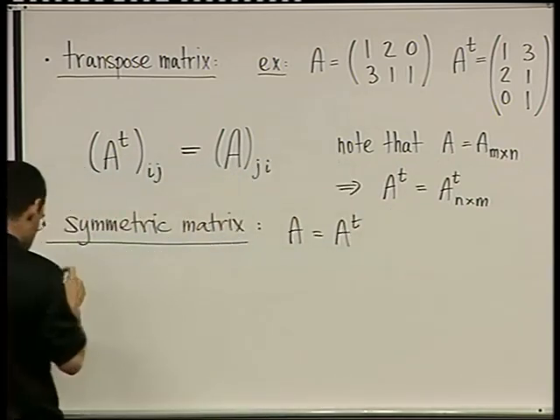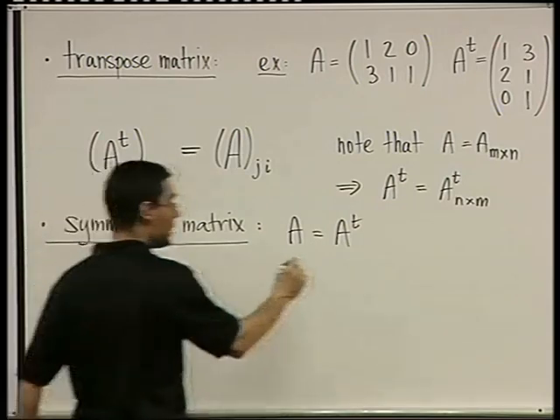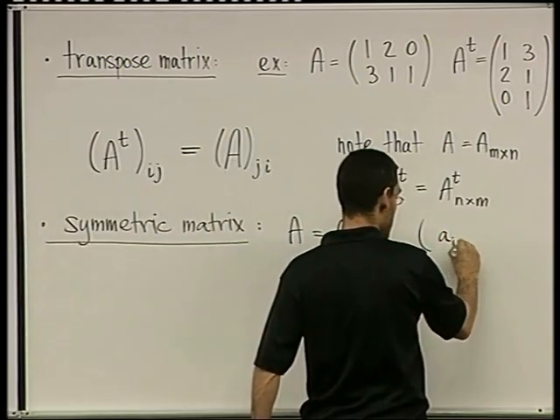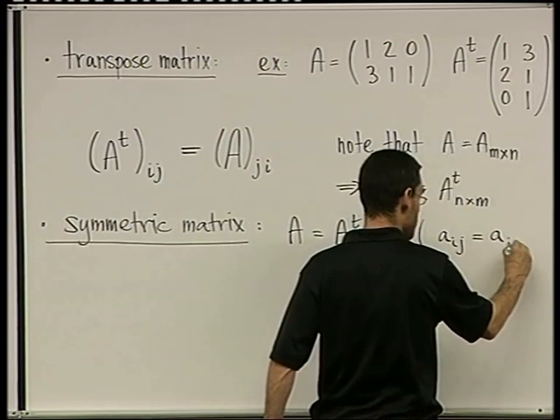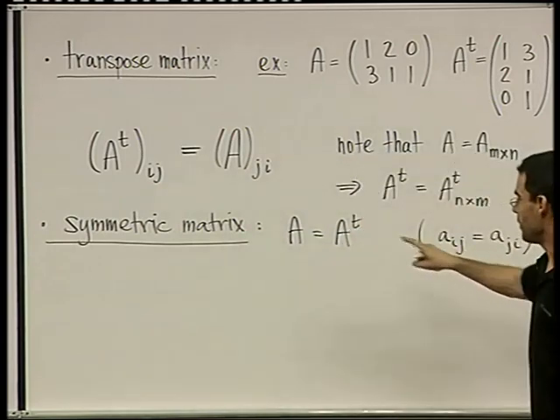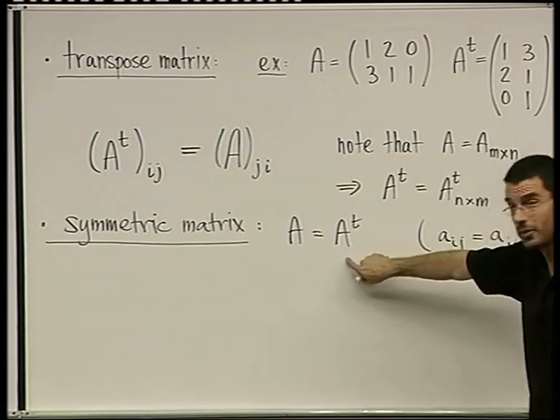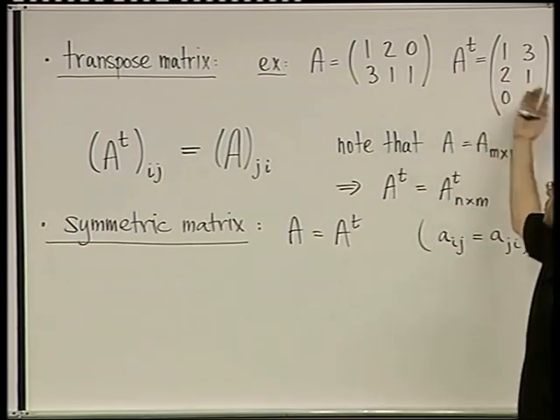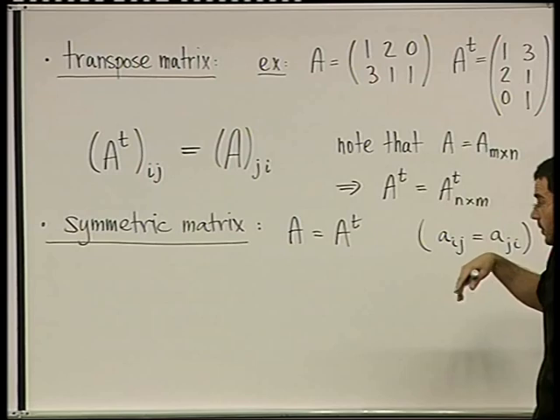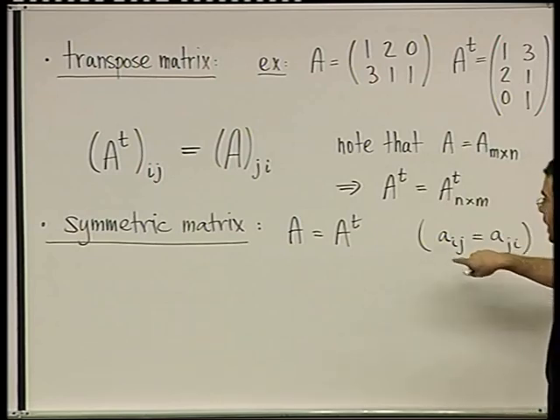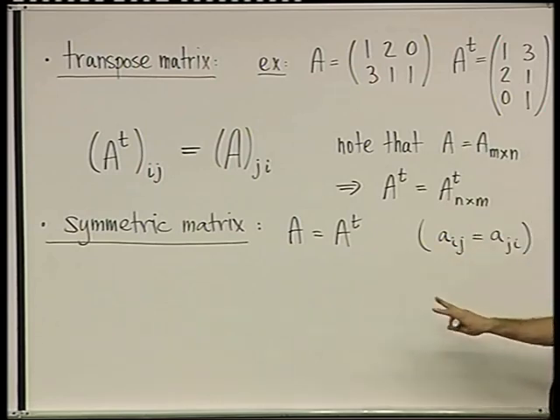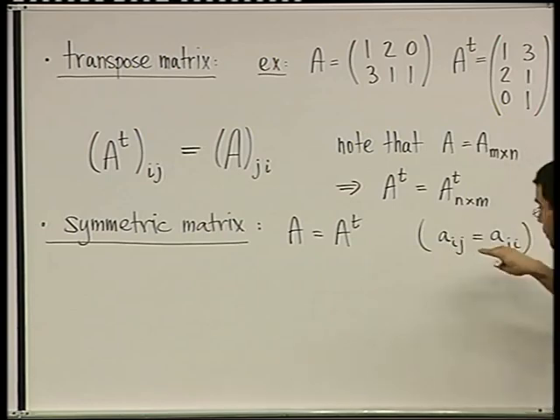That's a symmetric matrix, meaning that Aij has to be equal to Aji. If it's going to be equal to its transpose, it has to be square. That's true, because if it's not square, then it's not going to be the same matrix. But in addition, the 2,3 element is going to become the 3,2 element in the transpose, so they have to be equal.